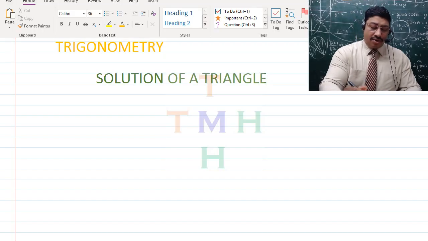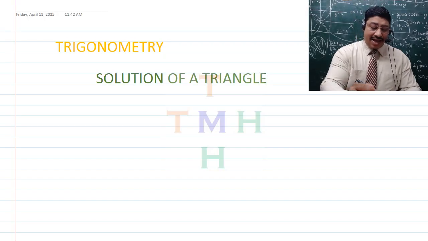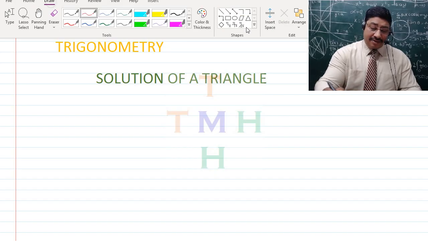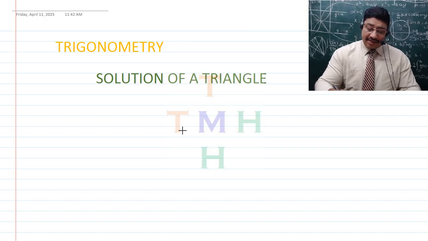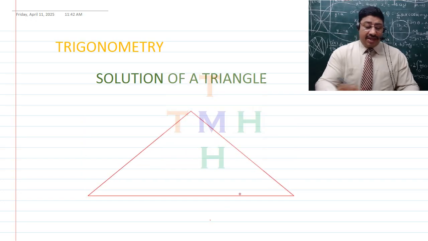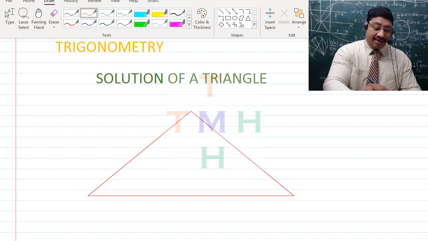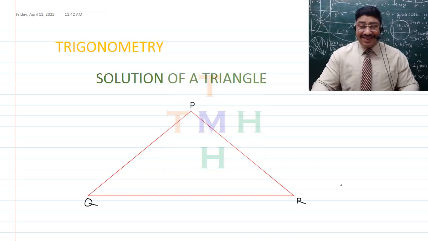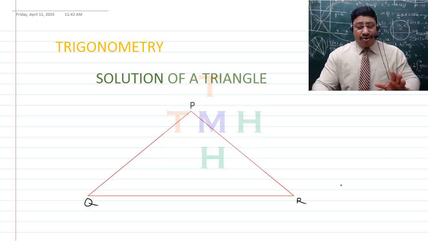A triangle can be, say, something like this. That is, it can be, say, this, which can be said to be a triangle. However, if this is a triangle having the vertices P, Q and R, then we are not able to find out the trigonometric ratios using such a triangle.